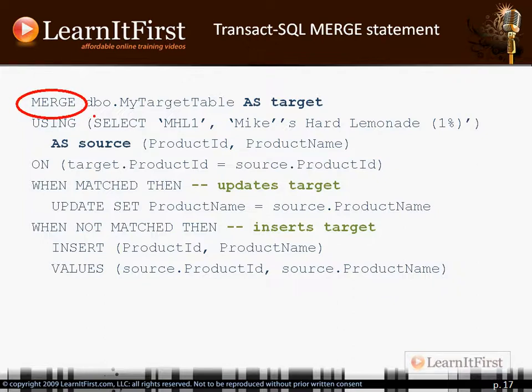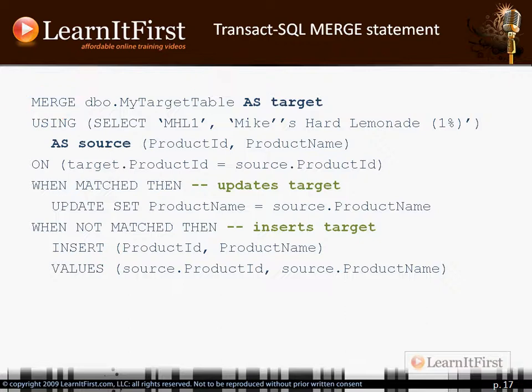So we start out with a merge, and we're identifying to Transact-SQL that we want to do a merge statement. So we're defining that the target table is dbo.myTargetTable. This is the table that will be updated. Okay. All right. Now we have, if you're familiar with common table expressions, a CTE up here.